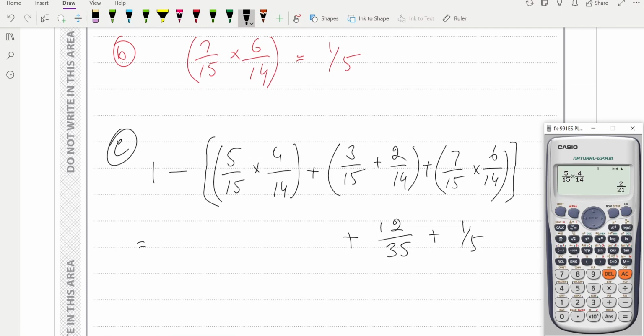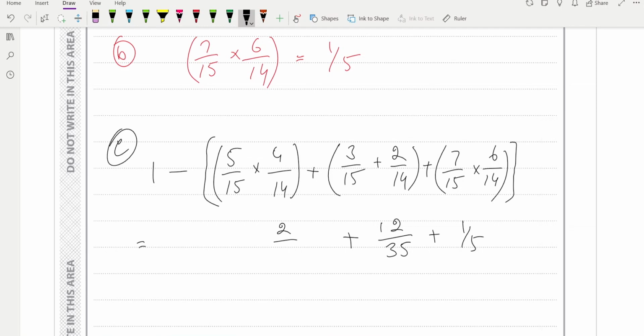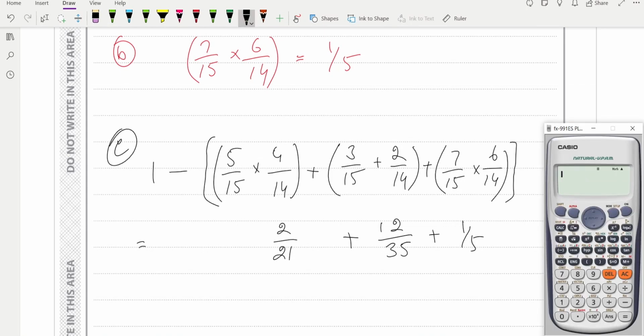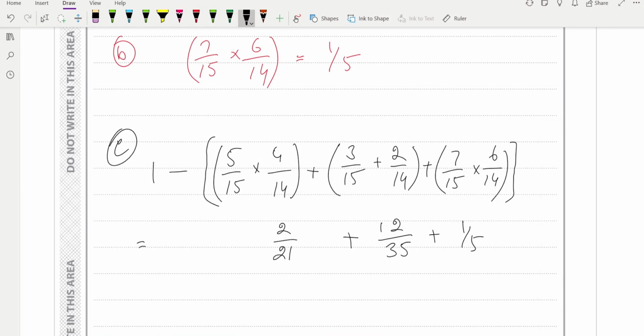This one is equal to 2 over 21. I will double check the middle one because I'm confused. Maybe I've made a mistake. So 3 divided by 15 multiplied by 2 divided by 14 is equal to, yes, this should be 1 over 35. So I think I maybe added. So these are the three probabilities.